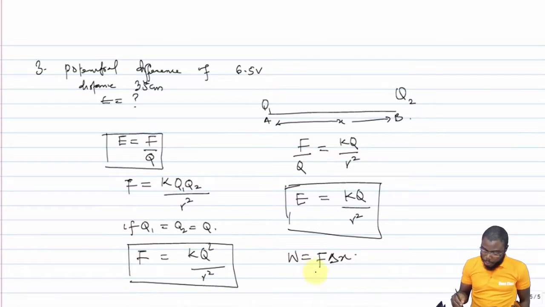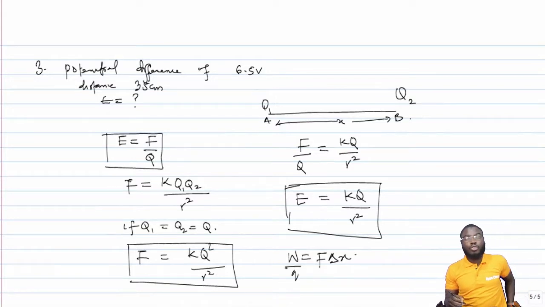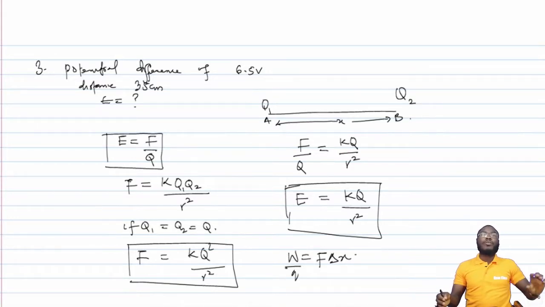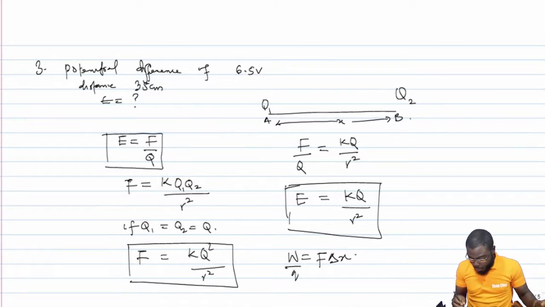Now if I divide both sides by q, in mathematics, when you do something to the left hand side, you do the same thing to the right hand side. You haven't changed the equation. So if I divide both sides by q, I have W over q equals to F over q times change in x.